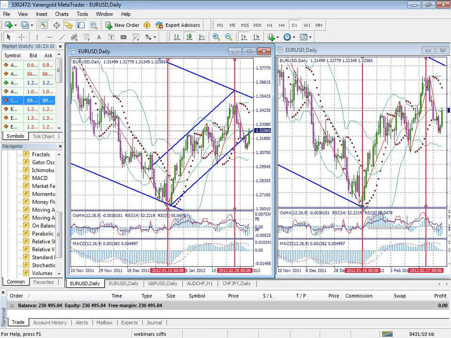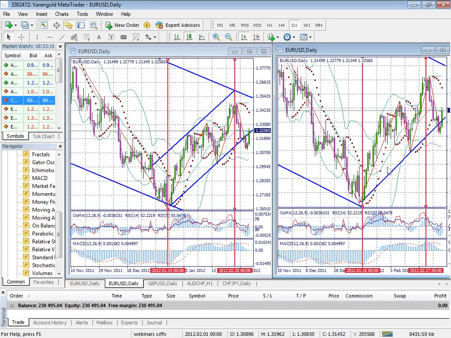Also here we can put the trend lines. Okay, now let's see what is happening if we go on to our chart.